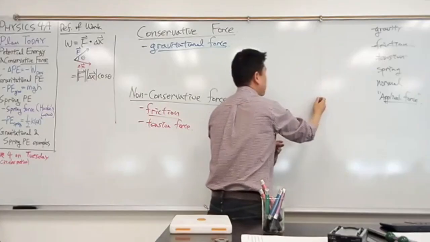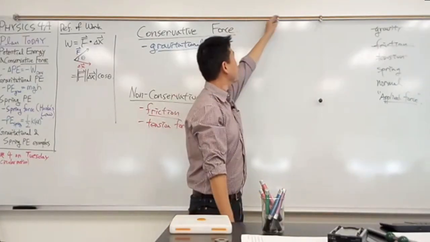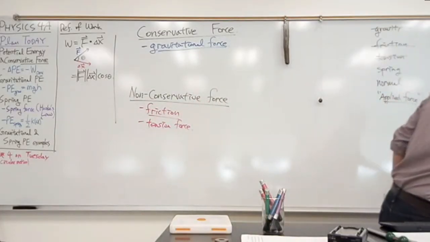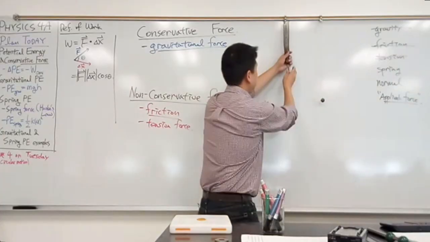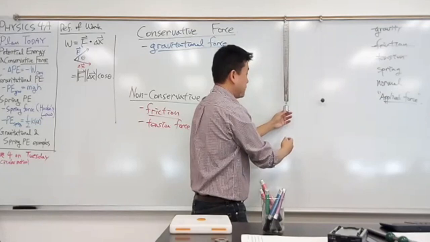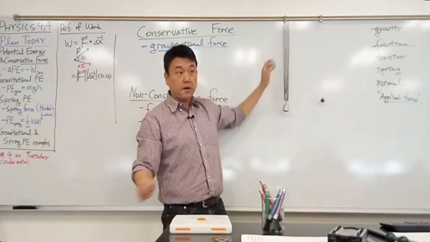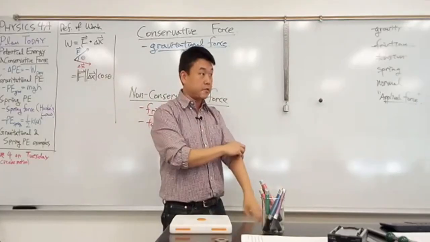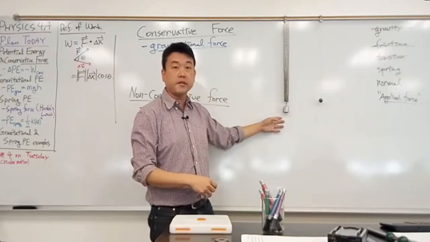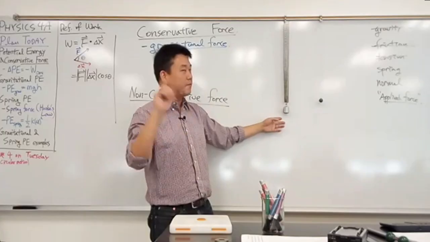If I hang this here, and there's tension force acting on this somehow, and if I hang this spring here and hang a little bit of mass there so that it's not just a spring. In many aspects, you're used to thinking of these two forces as similar. They are both a pulling kind of force. But there's one important way in which tension force and spring force are different. Can anyone tell me what that one important way is?